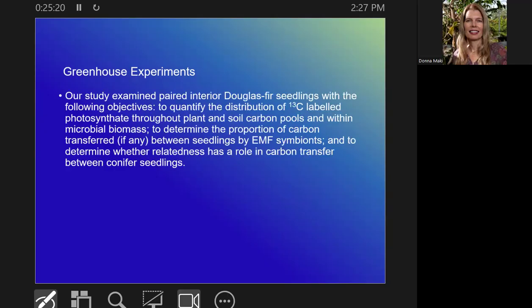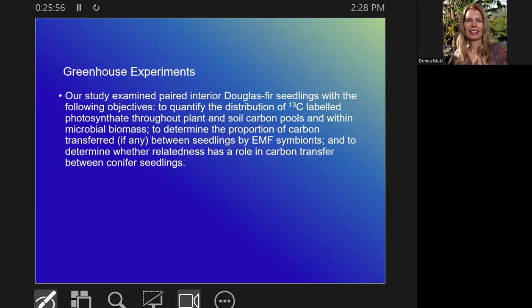So in one pot, they paired up these Douglas fir seedlings and were looking at where the carbon goes if they give radioactive carbon to the older tree. They were looking at the mycorrhizal fungi, but also at what's happening in the soil. So they really did a pretty complicated experimental design that was thinking of a lot of different aspects to test.